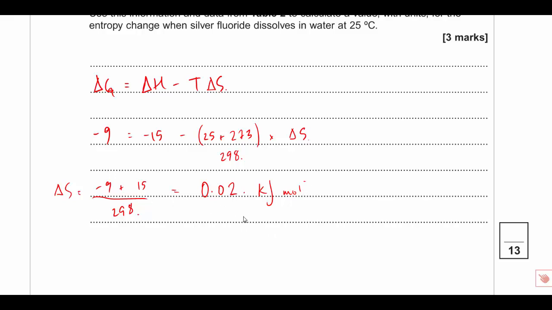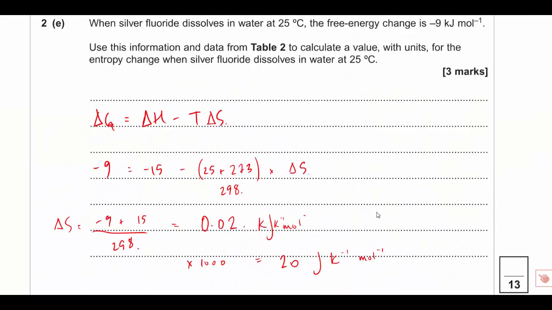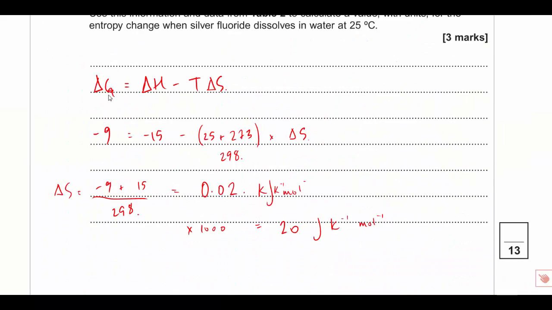If you want to convert it to joules per mole, it doesn't specify units, you don't necessarily need to. You're obviously going to times this by 1,000: 20 joules per Kelvin per mole. So normal delta G, delta H and all the rest of it.